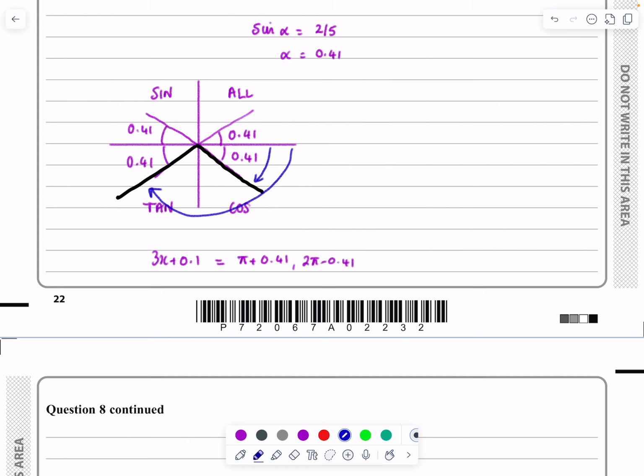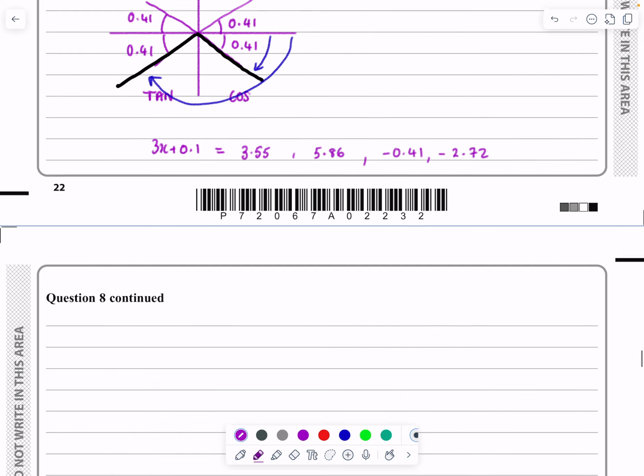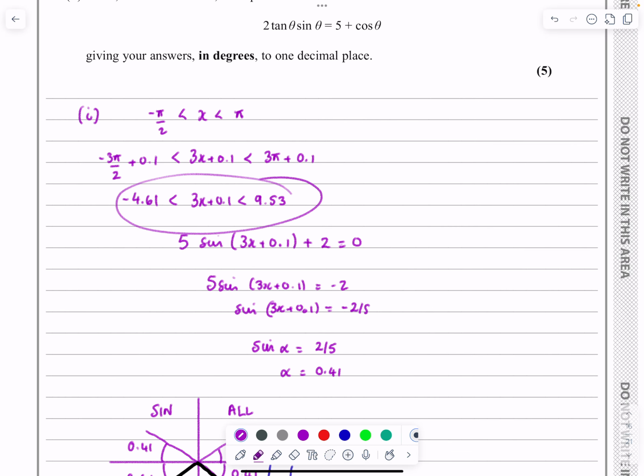So it's also equal to −0.41 and −2.72. And actually what I can now do is change these ones to the decimal equivalents, which were 3.55 and 5.86. So those are the four answers that fit within this range.